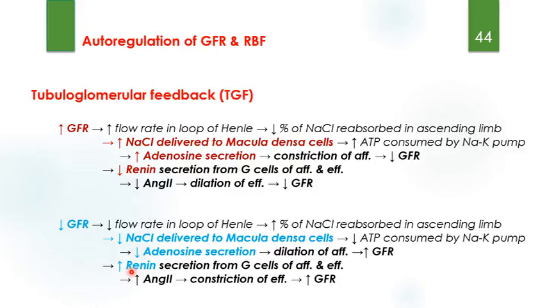The other mechanism is the increasing renin secretion from G cells. When blood flow to these vessels is reduced, renin secretion is increased, and by the activation of the renin angiotensin aldosterone system, the level of angiotensin II will increase, and angiotensin II constricts the efferent arteriole and again increases hydrostatic pressure in the glomerular capillaries and increases GFR.